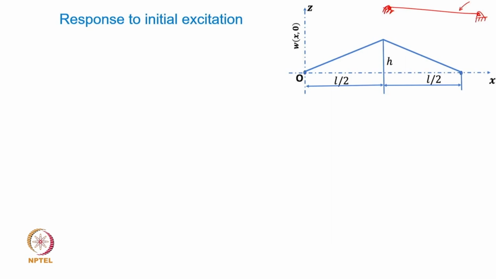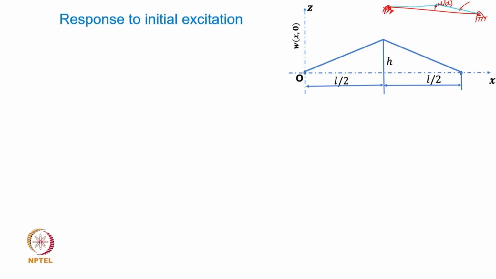Now, how do we generate sound in the guitar? The player basically pulls the string outwards. So, you are basically stretching the string outwards with a value at initial time w naught of x. So, basically the string is stretched like this at initial time.